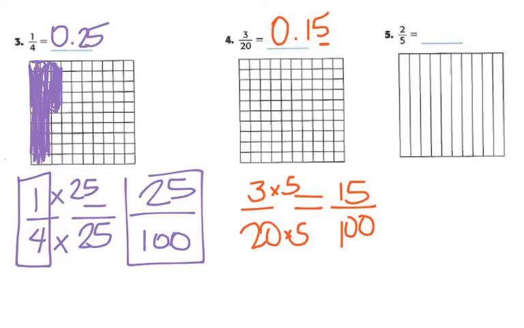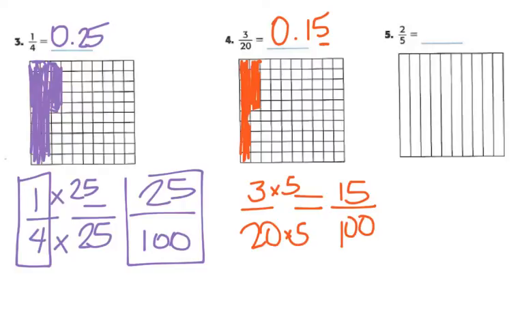Okay, now I can shade in 15 hundredths. Shade in 10 in one bar, and then 5 in the next. All right, that looks good.